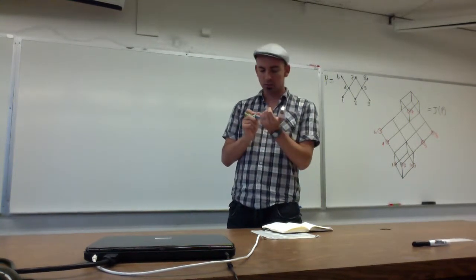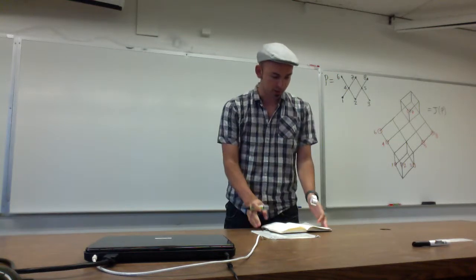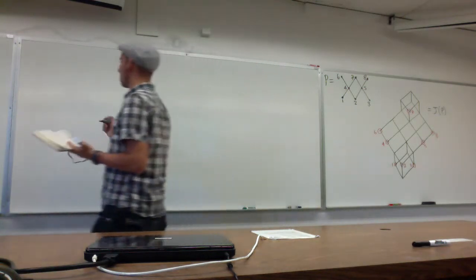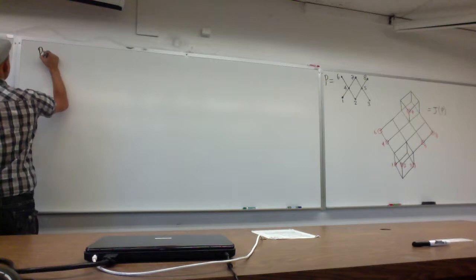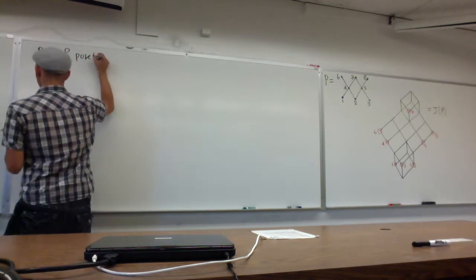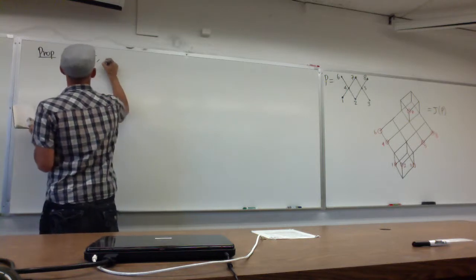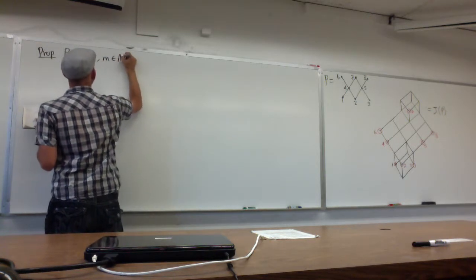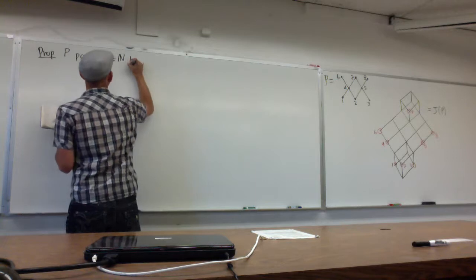I wanted to start today by discussing the following result. It's a proposition. Let's say that you have a finite poset, and a natural number m. Then the following things are equal.